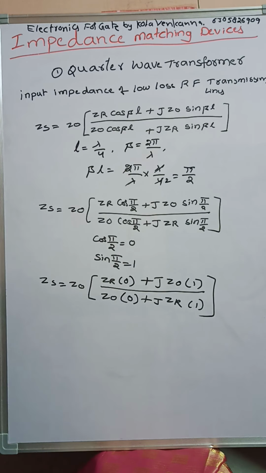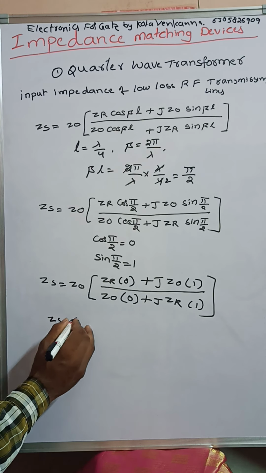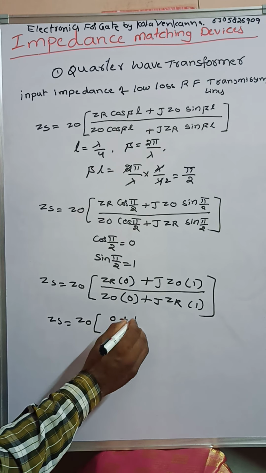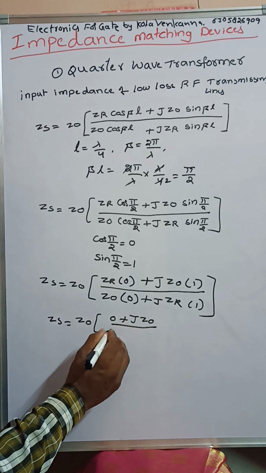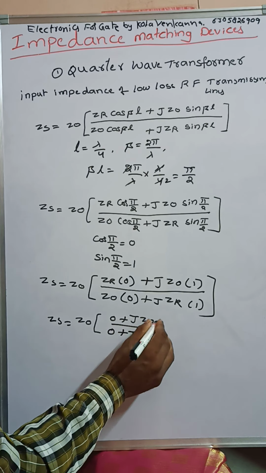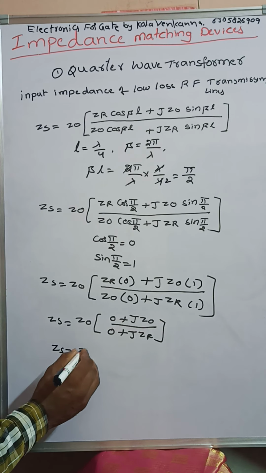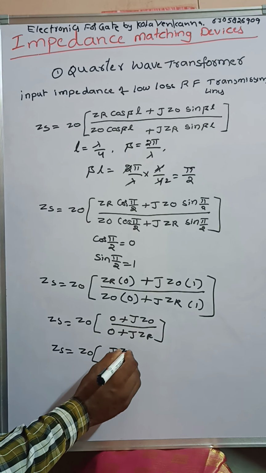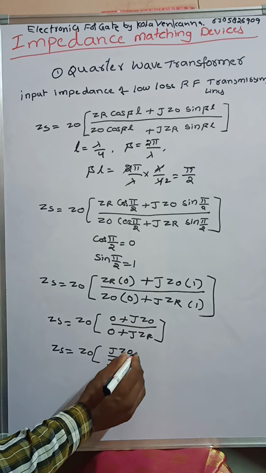Then Zs is equal to Z0 times j Z0 by j Zr.